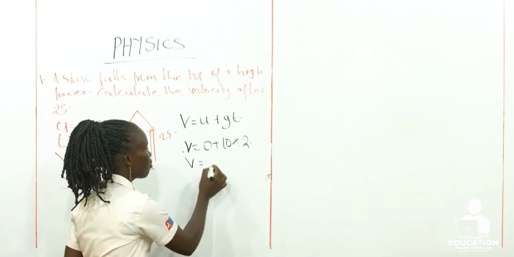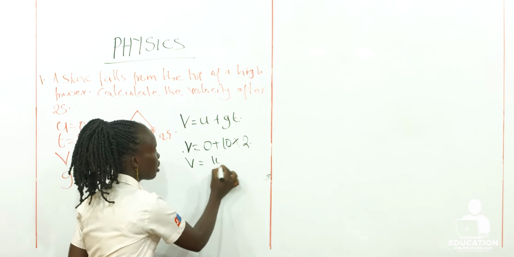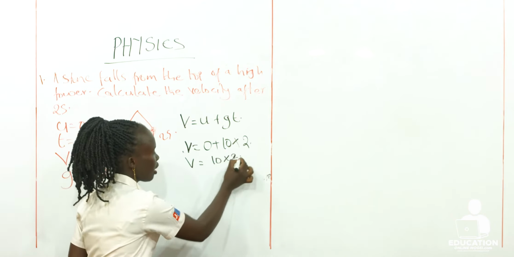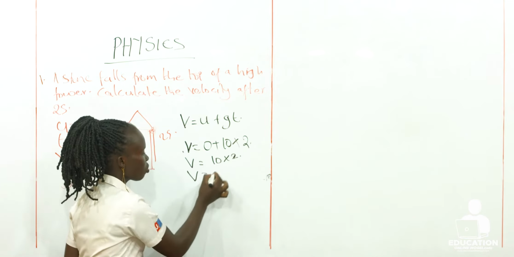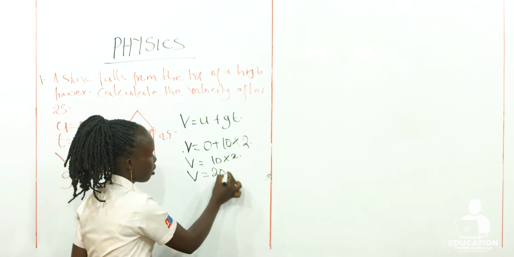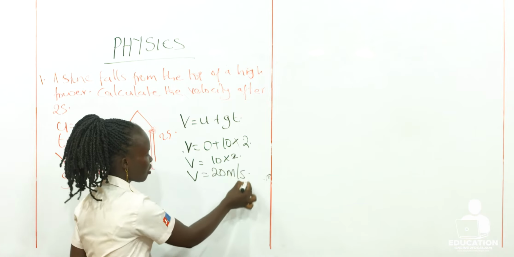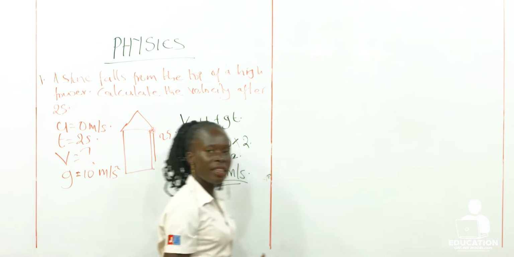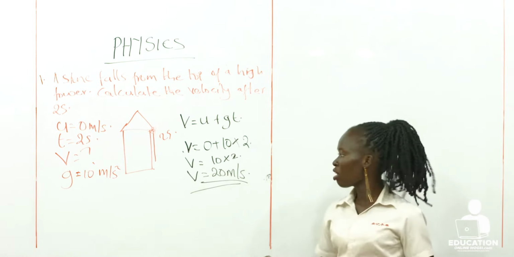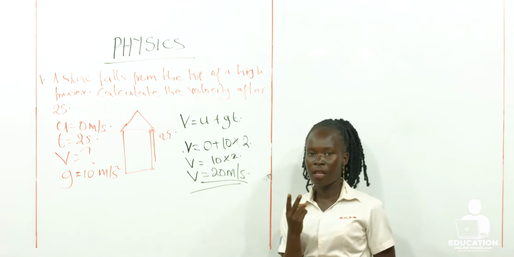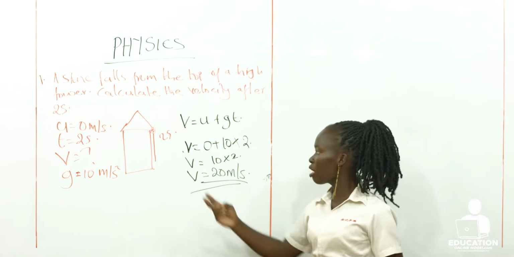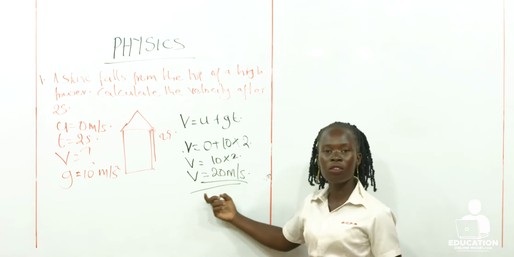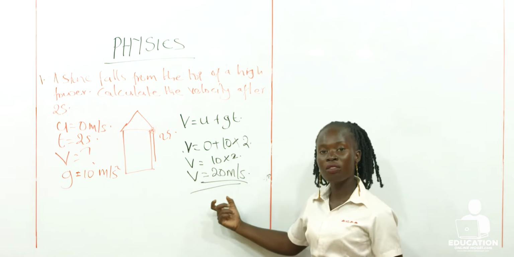We shall have 2 times 10 only, like that. So our V is equals to 20 meters per second, meaning that after 2 seconds, the stone attained a velocity of 20 meters per second.